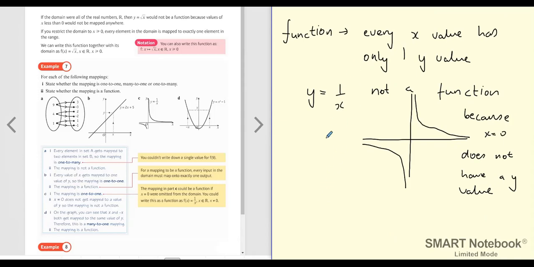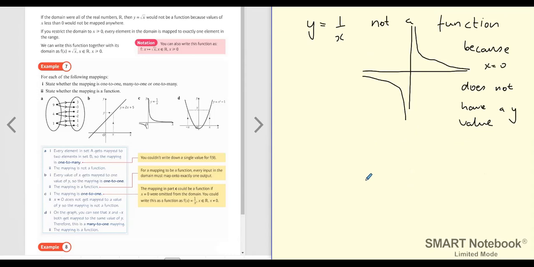What can we do to turn it into a function? Because we can turn this into a function by doing something. F of x equals 1 over x. We can turn it into a function by doing what exactly? Not a transformation. All we're going to do is restrict our domain. We're going to say x does not equal 0.